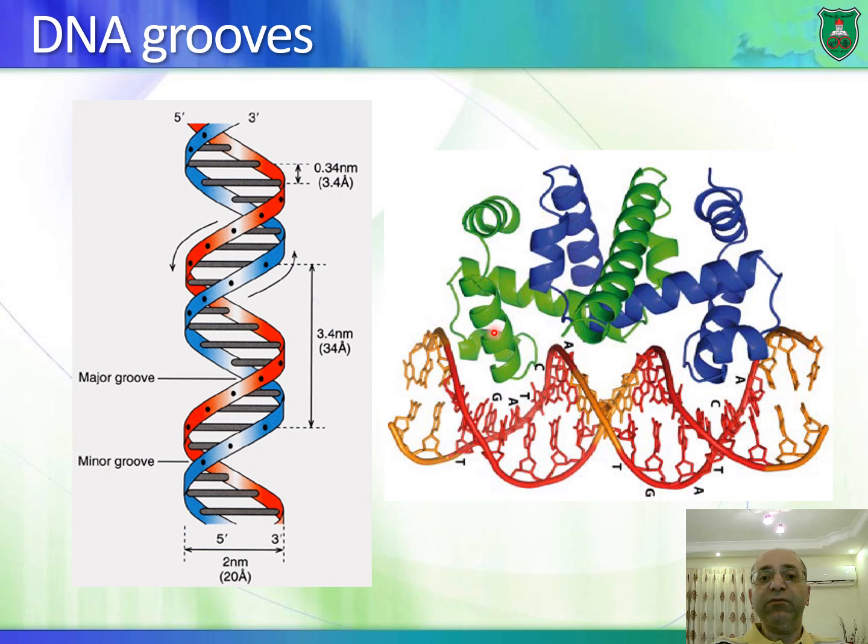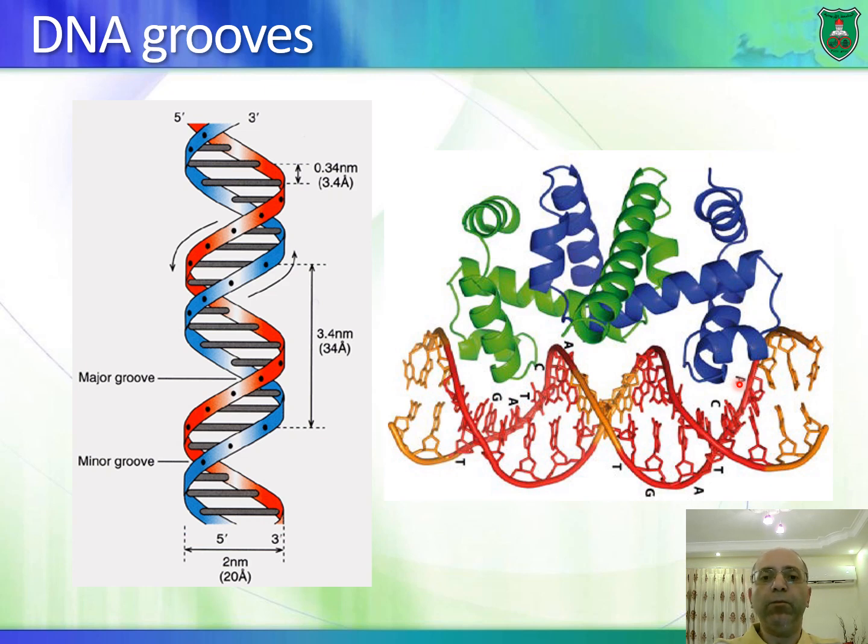Proteins need space. So proteins can insert themselves within the major groove, and the amino acids of proteins can interact with the exposed groups of the nucleotides. Notice that, for example, this part of the protein cannot insert itself in the minor groove, but these two parts can. Once they insert themselves into the major groove, they are closer to the nucleotides and can interact with them.